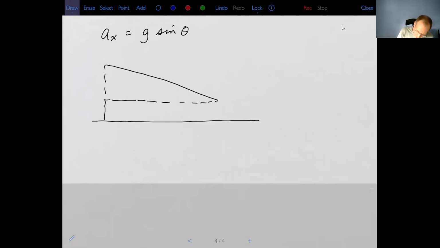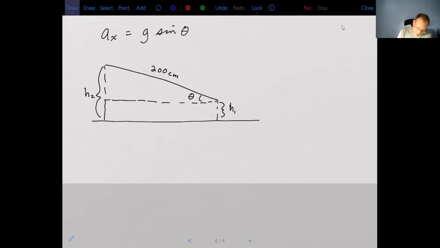It's like a 2-meter air track, so that's 200 centimeters since we're using CGS units. And let's say that this is height 2, and this is height 1. I forgot which way I did it in my notes. Hopefully this is the same way as my notes, but I'll call it height 2. So the larger height is height 2, and smaller is height 1. And this is my angle again, my angle theta.